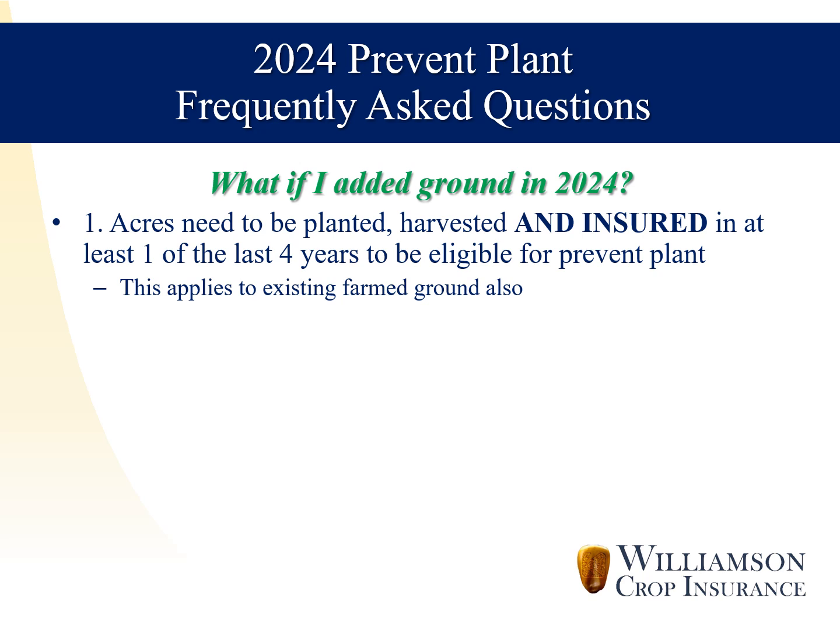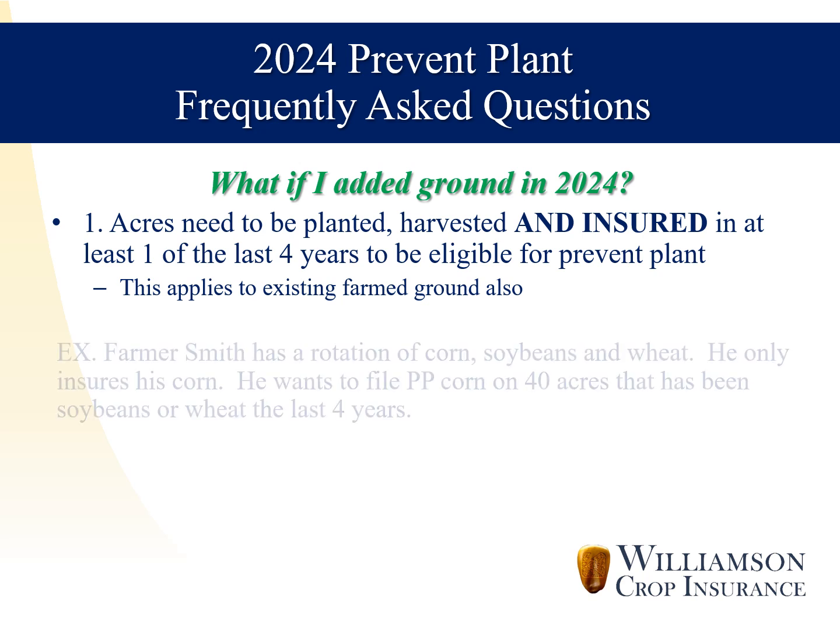He had a full-time job elsewhere, farming wasn't his main income, so he didn't see the need to insure it, and now you're farming that. Just know that is not eligible for prevent plant because it has not been insured in one of the last 4 years. It's been planted and harvested, but not insured.